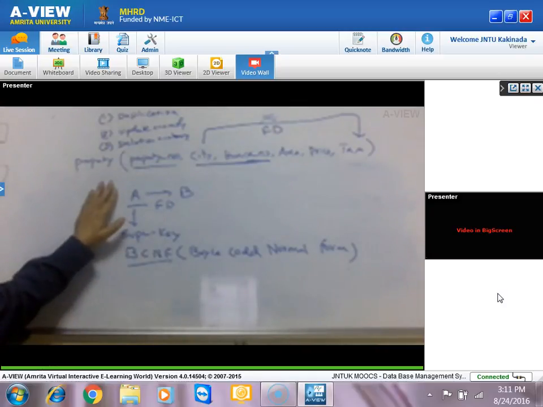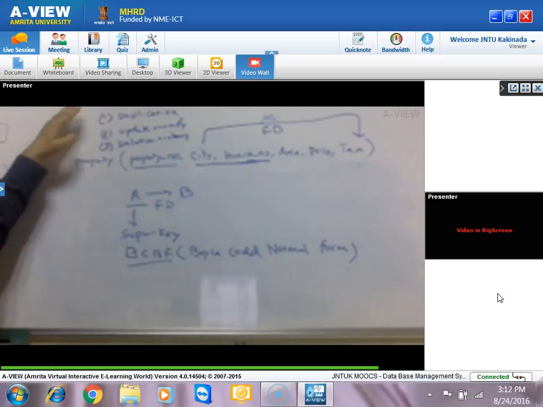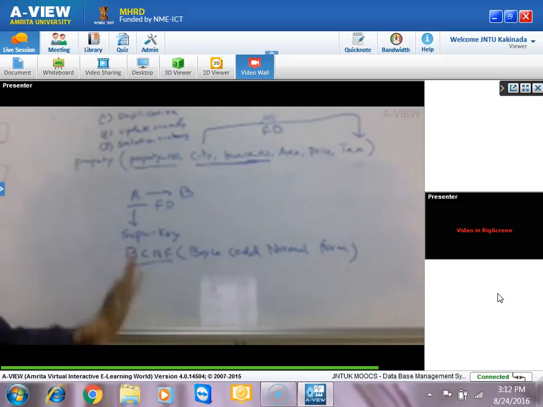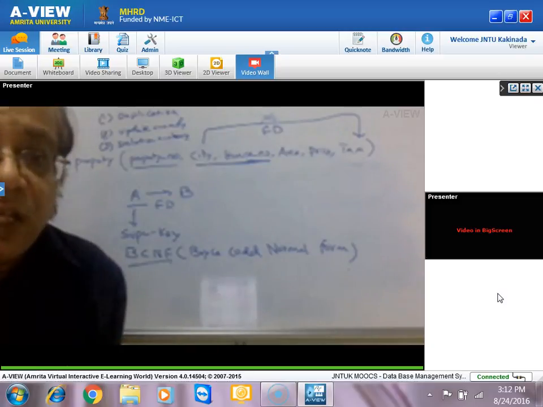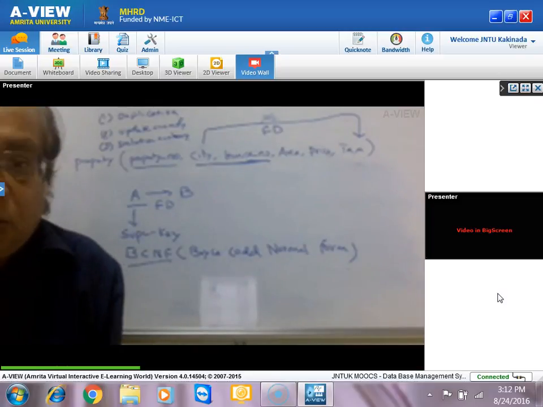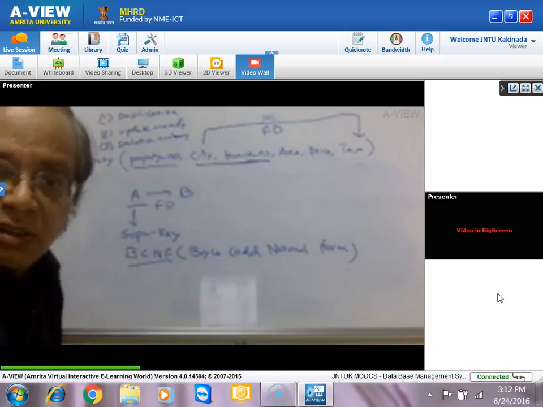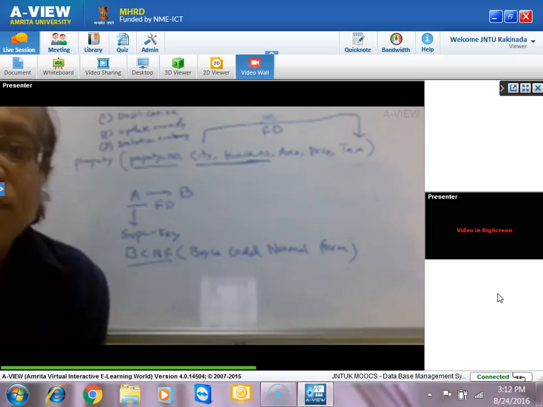By it becoming the super key, you know that the key will be unique, will not get repeated, and that's how it eliminates the duplication, update, and deletion anomalies. Is that clear?